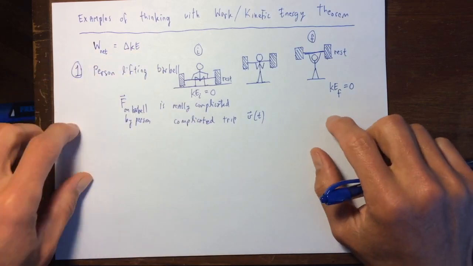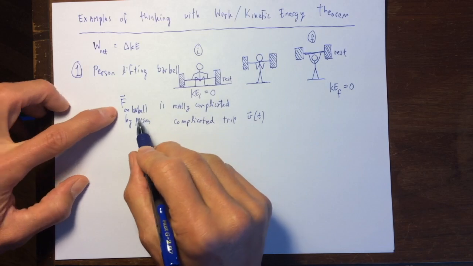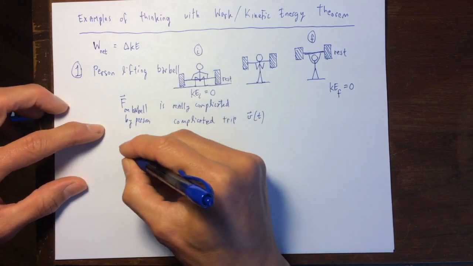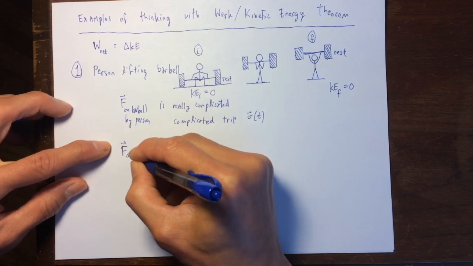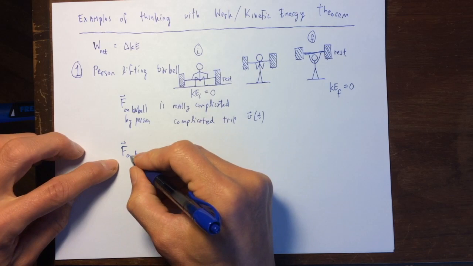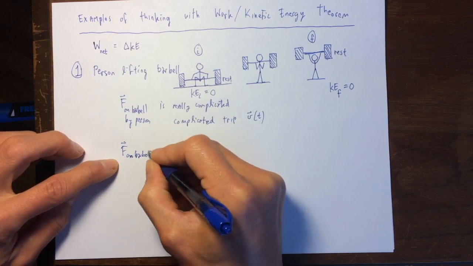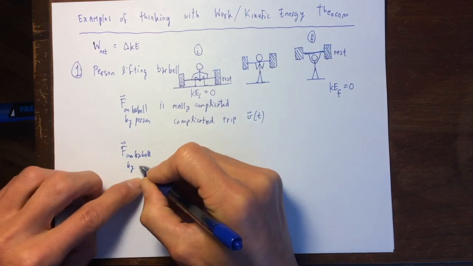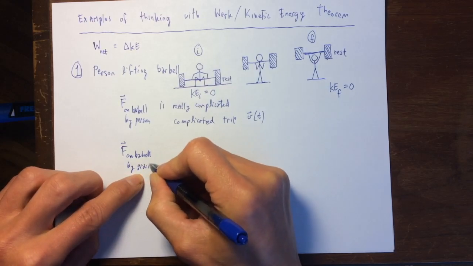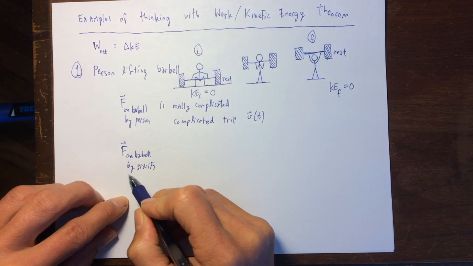So the person's force on the barbell is really complicated. But the force on the barbell because of gravity, I'm going to shorthand it and just say that it is by gravity. So this is the weight force.